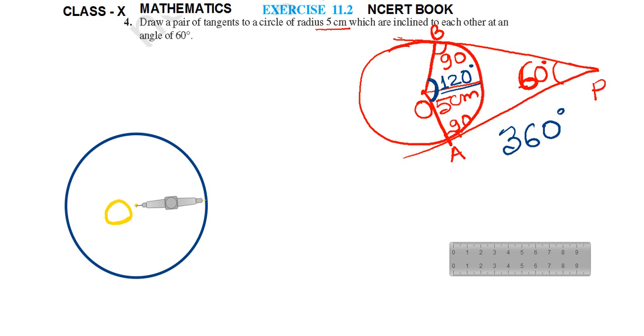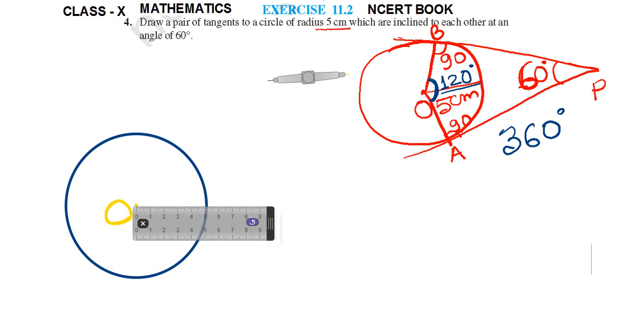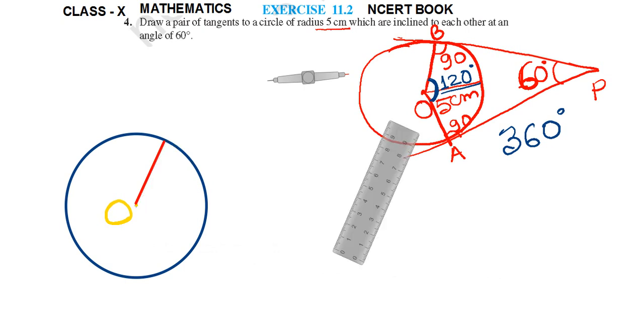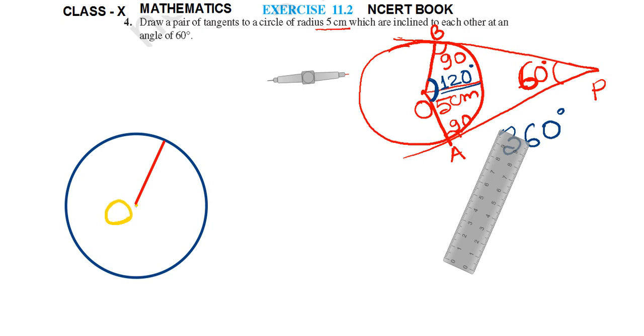Now what we will do, just draw any radius, anywhere you like. So we have drawn a radius. Obviously it is 5 centimeter as given in the question, as we have constructed.